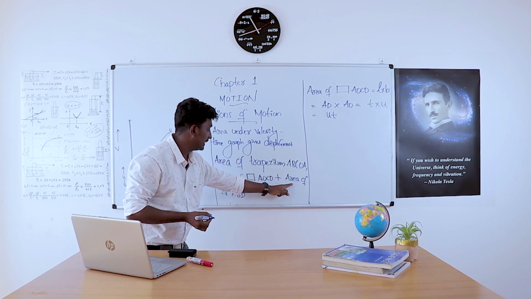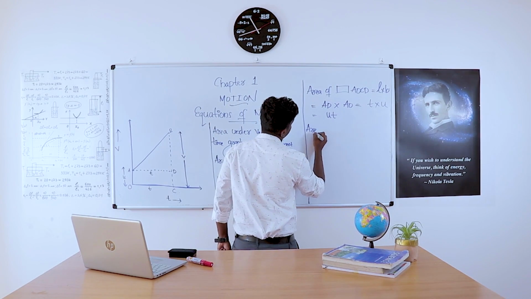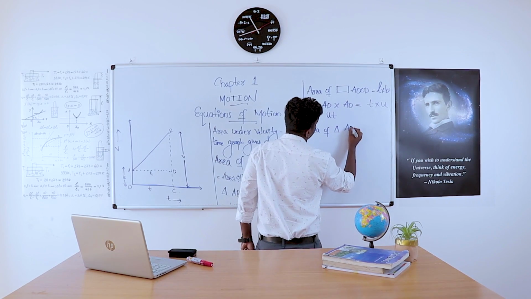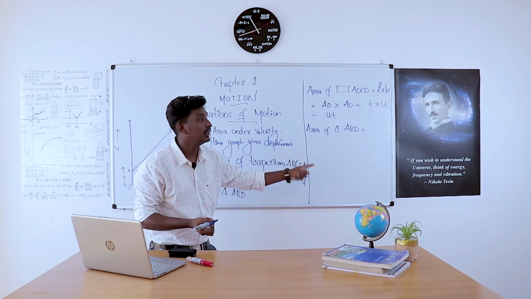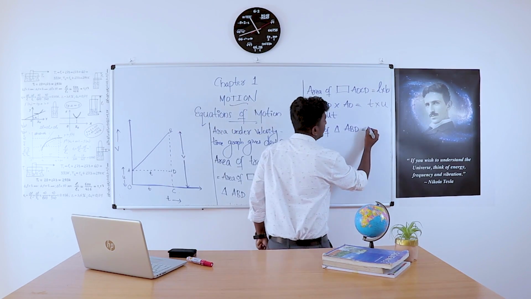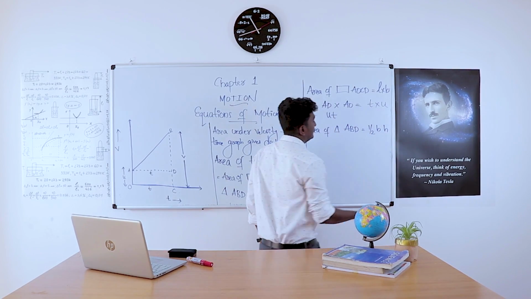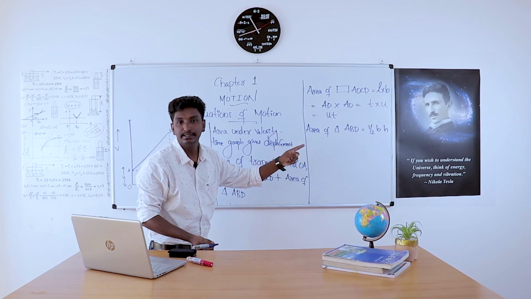Now we have to find the area of triangle ABD. The equation for the area of a triangle is half into base into height.